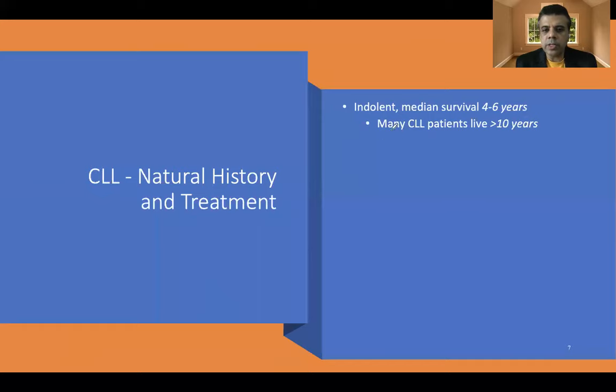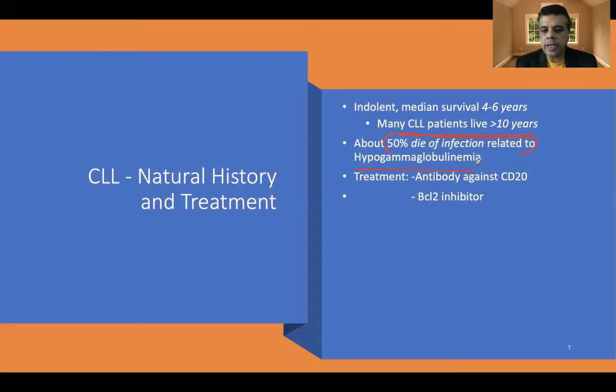Coming to the natural history and treatment, the median survival is usually 4 to 6 years. But many CLL patients live beyond 10 years, especially if the tumor burden is less. And as I told before, I emphasize again that 50% of the cases die because of overwhelming infections owing to hypogammaglobulinemia.